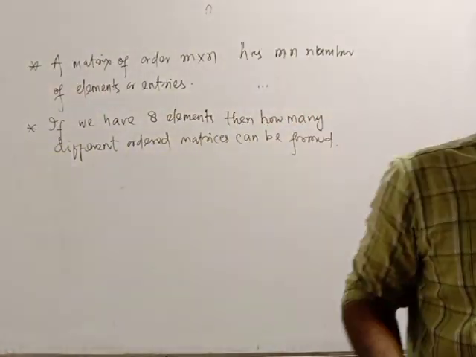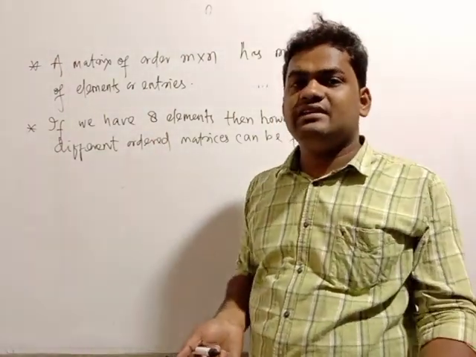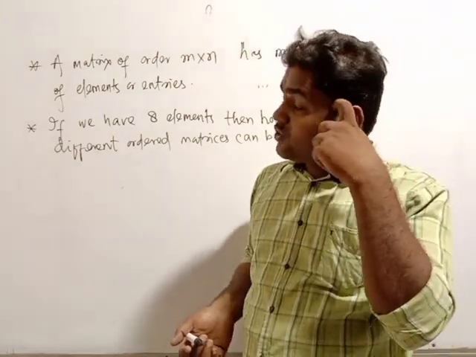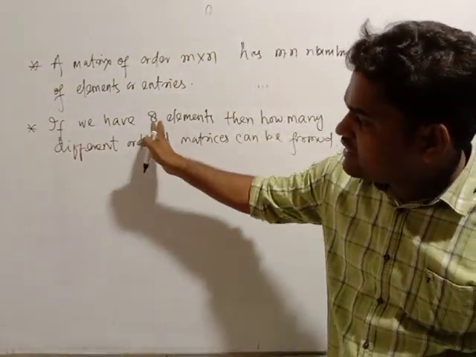What does it mean? It says that we have just 8 elements. We have just 8 numbers or elements. So how many different ordered matrices can we form by using these 8 elements?